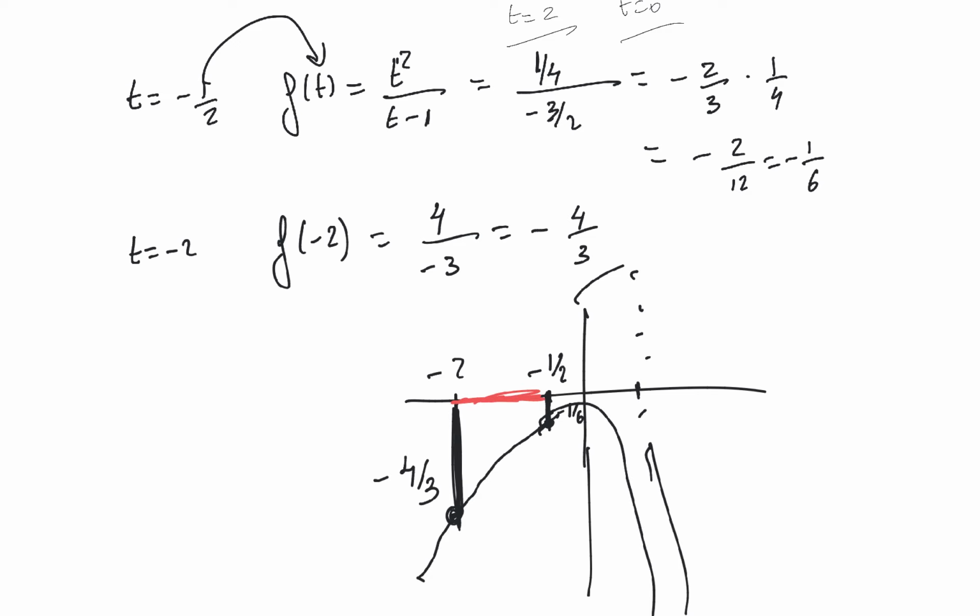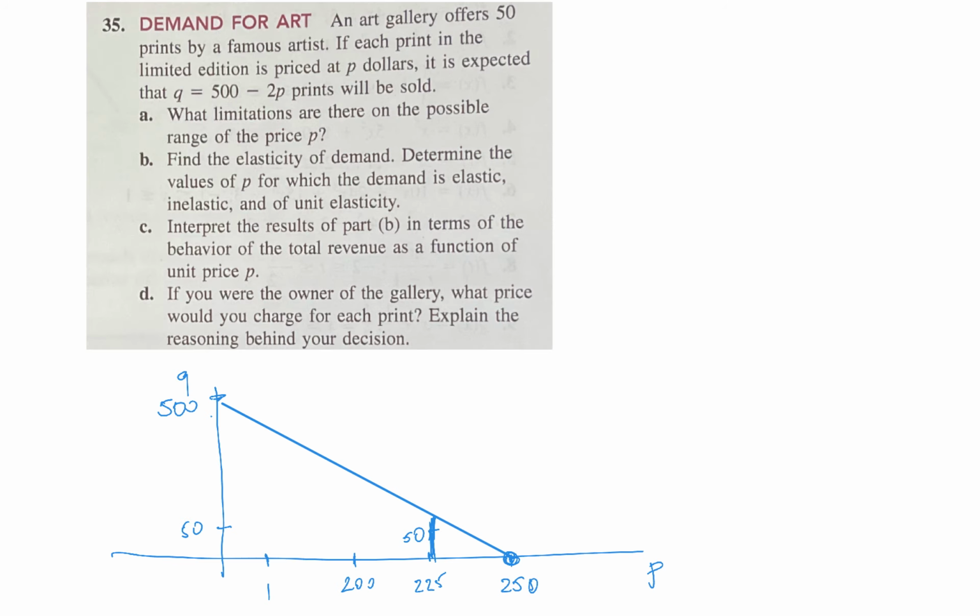Okay, let's go to another problem. Now let's go to this problem. Problem 35 says an art gallery can offer 50 prints by a famous artist. So the function that relates the quantity with the price, Q of P, is the function 500 minus 2P.